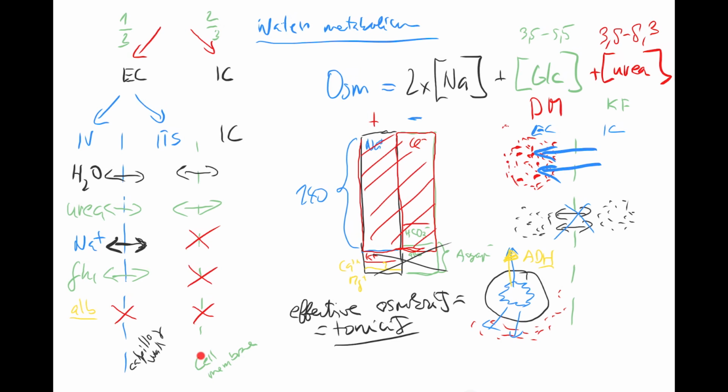Through ADH secretion. That's why when you check a diabetic patient, if you add the glucose and everything, he can have a normal osmolarity, because glucose is 60, but sodium is decreased. It's not 140, it's going to be 120, 110. That's what I was going to ask. Very good.